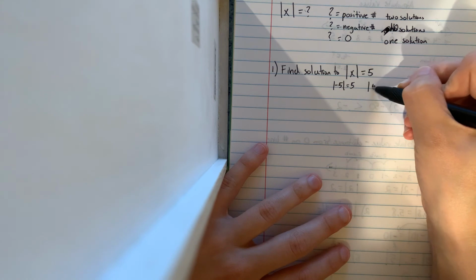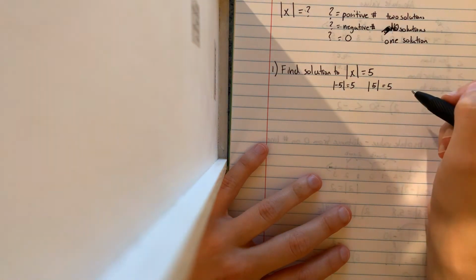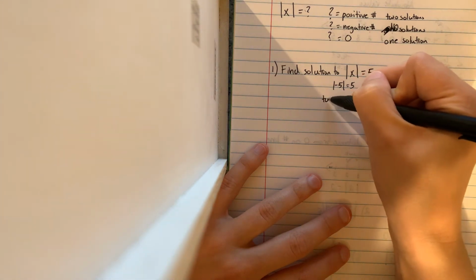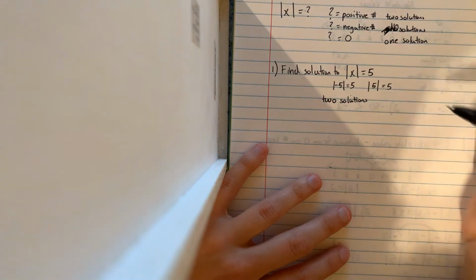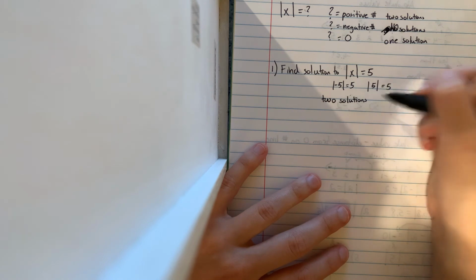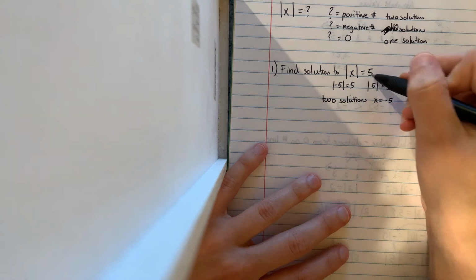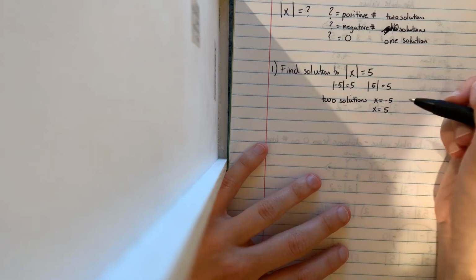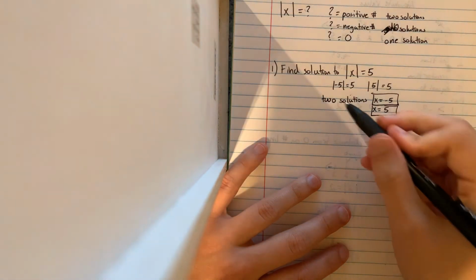If we plug in positive 5 in there, that would also give us 5. So that's why there's two solutions to this. So there would be a box that you would click off that would say two solutions. And then you would have to put what those solutions are. One would be x equals the negative version of that number. The other one would be x equals the positive version of it. So you'd have both of these as a solution. Okay, there's two of them.